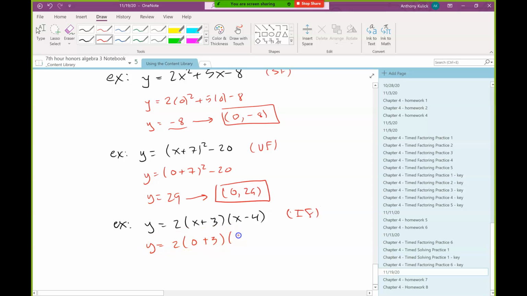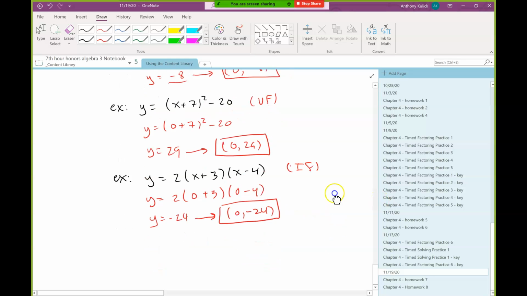Just plugging in 0. So 0 plus 3 is 3, 0 minus 4 is negative 4, and 2 times 3 times negative 4 is negative 24. So there's the point 0, negative 24. That should be all pretty easy and familiar feeling, right? It's the same way you found y-intercepts for linear equations, where you just plug 0 in for x.